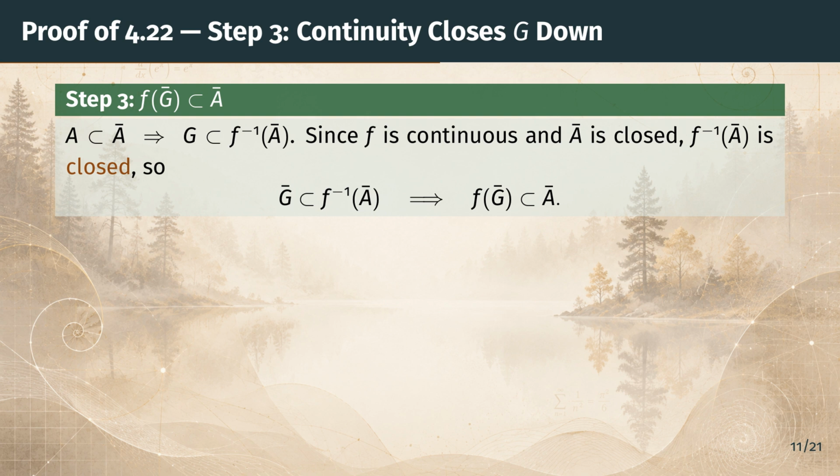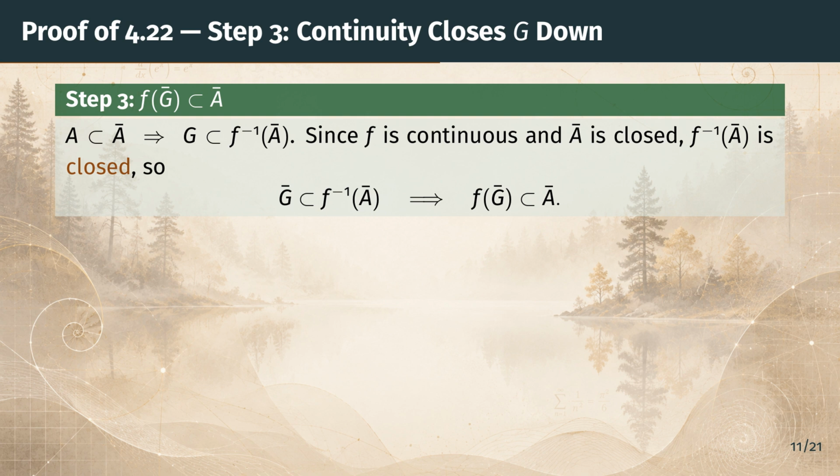We proved that characterization of continuity earlier in the chapter. So the preimage of the closure of A is a closed set containing G. Therefore, it must also contain the closure of G, since the closure is the smallest closed set containing G. Applying F, we conclude that F of the closure of G sits inside the closure of A.